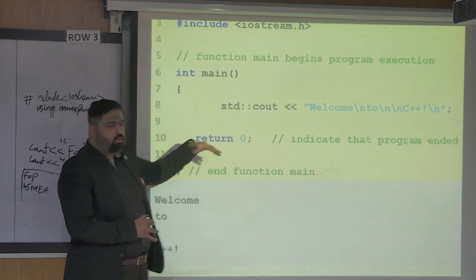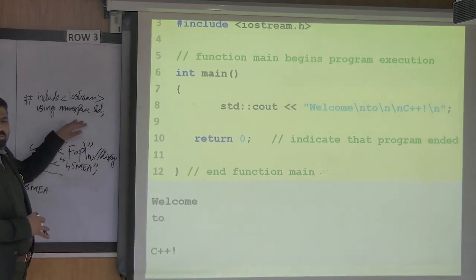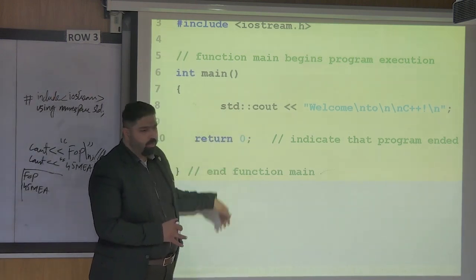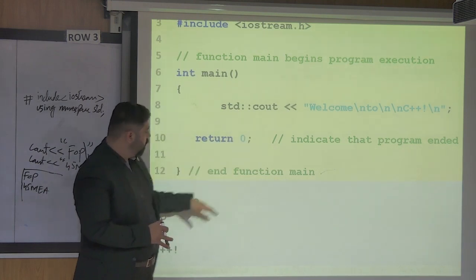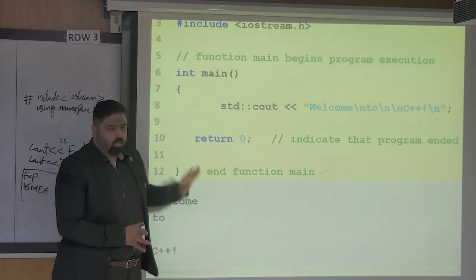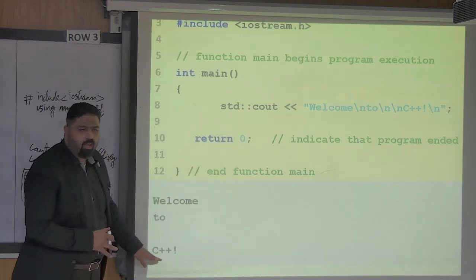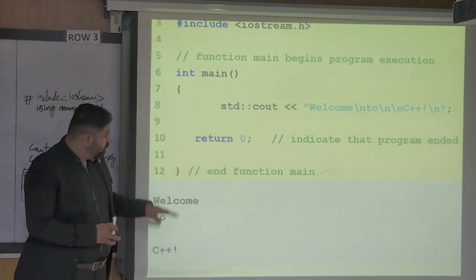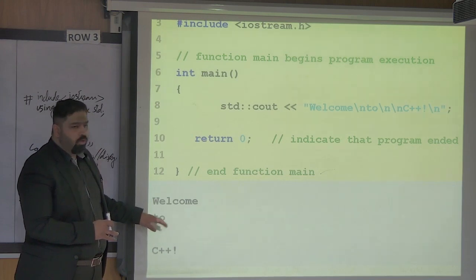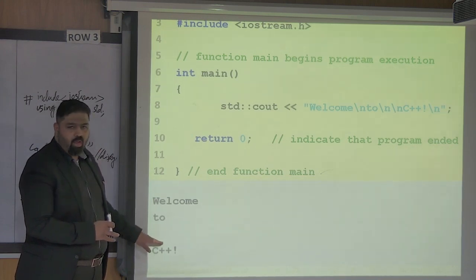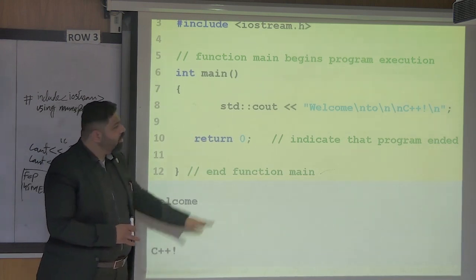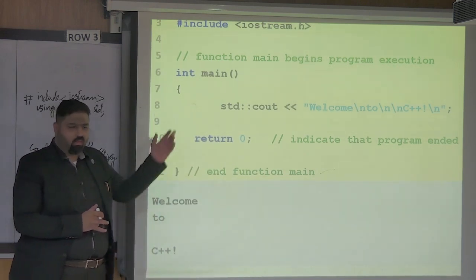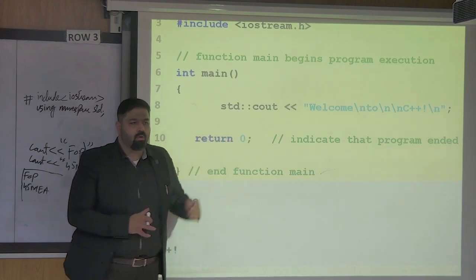So it is better to just write using standard namespace at the top and forget about writing this. और इसमें इसका आउटपुट को ज़रा डायसेक्ट कर लें. वेलकम स्पेस टू डबल स्पेस C++ स्पेस. वो जो आखिरी न्यू लाइन है, स्पेस नहीं, न्यू लाइन. वेलकम न्यू लाइन टू then double couple of new lines and then C++ and in the end it is immaterial. वो normally programmers दे देते हैं, next output there वो new line से start.